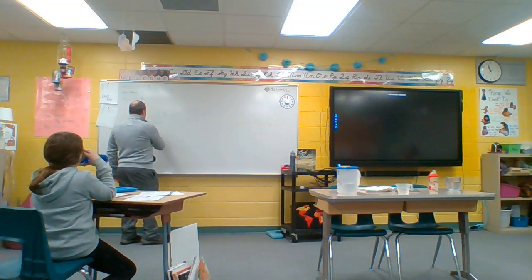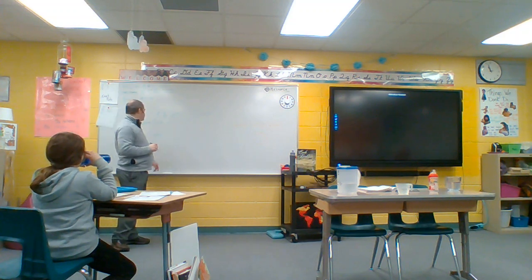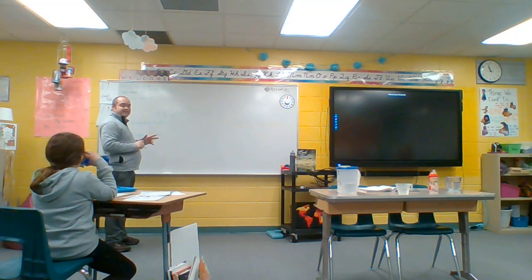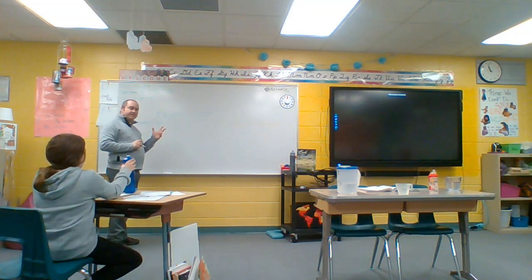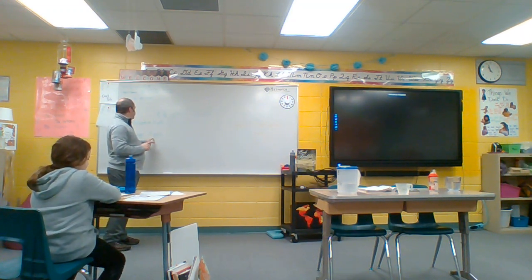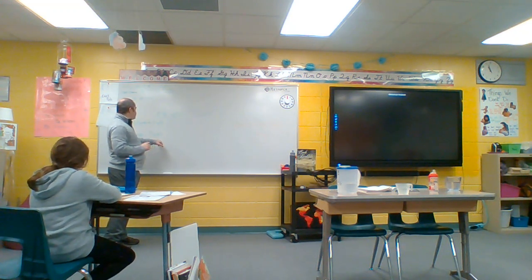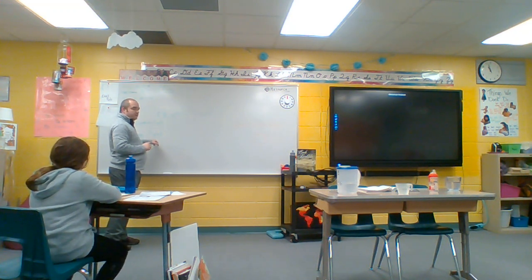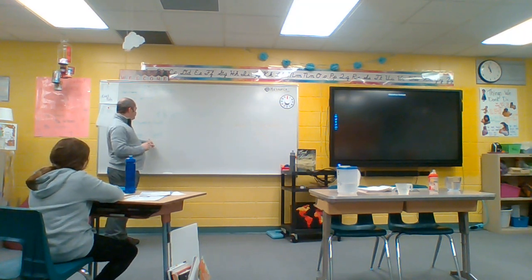So 4 cups, 1 pint. But it's asking for cups, and I know that 2 cups equals 1 pint, right? If 2 cups equals 1 pint, how many cups are in this pint?